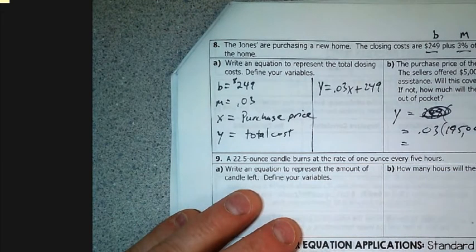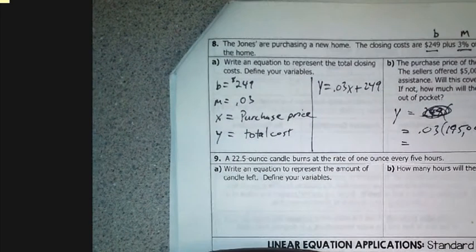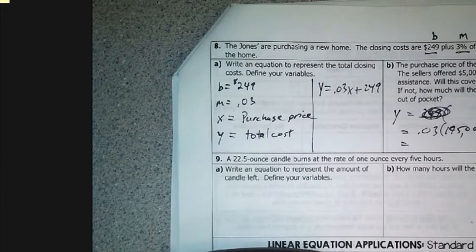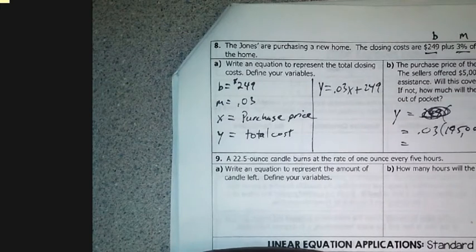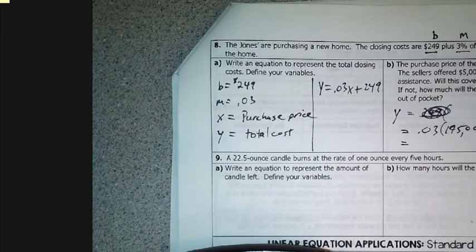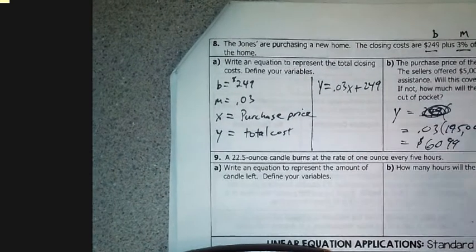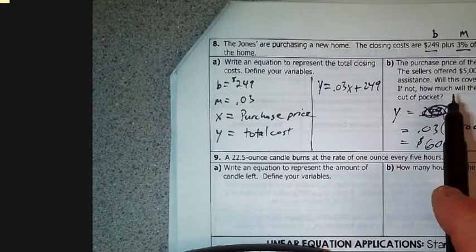Okay, and we're going to see if that's going to be enough to cover the closing costs, if $5,000 would be enough. So 0.03 times 195,000 plus 249. And it gives you $6,099.